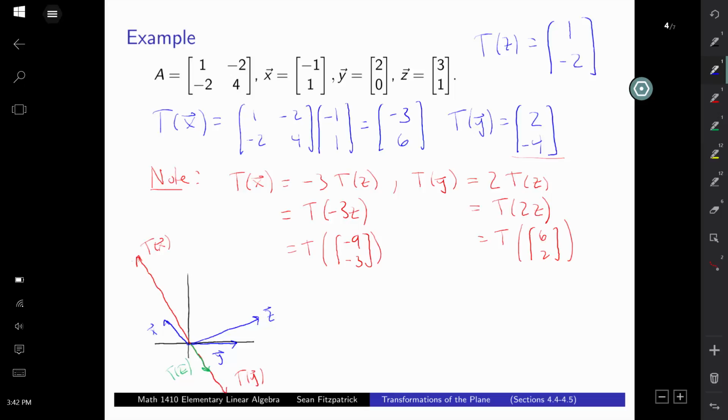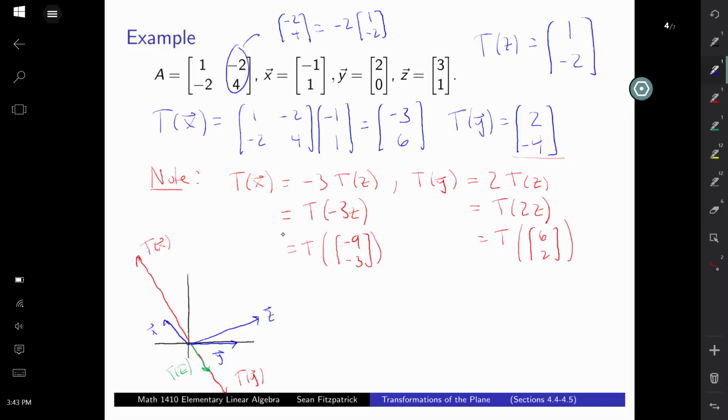Now, we can guess why this is happening. This guy here, the vector (-2, 4), is -2 times the vector (1, -2), which is the first column. So the second column of my matrix is a multiple of the first column. The two columns as vectors are parallel.